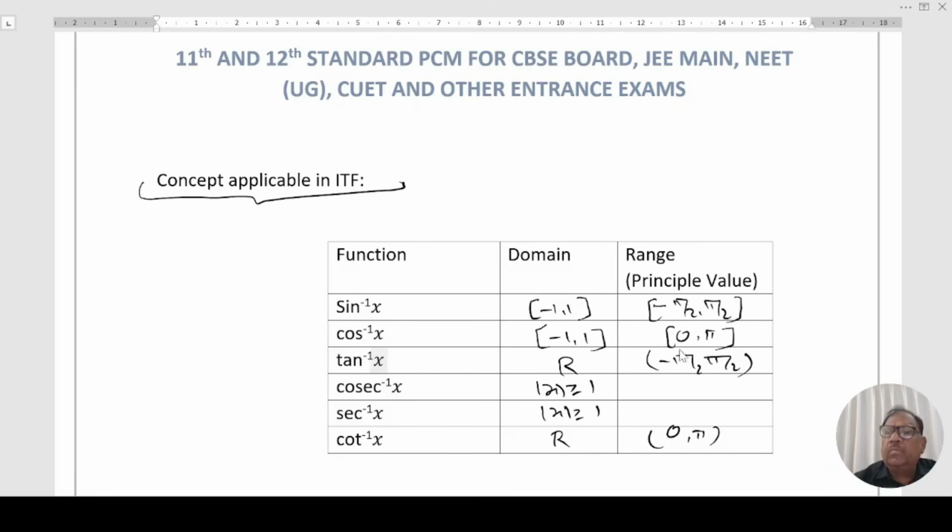In case of cosec inverse, minus pi by 2 to pi by 2 except 0. In case of sec inverse, 0 to pi except pi by 2. These are the functions and these are the domains and ranges of the functions.